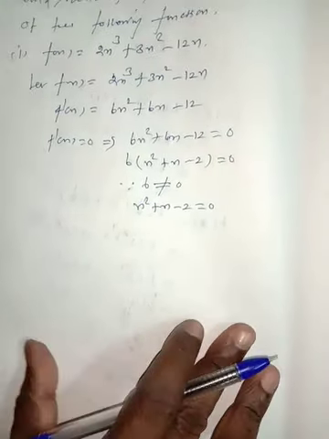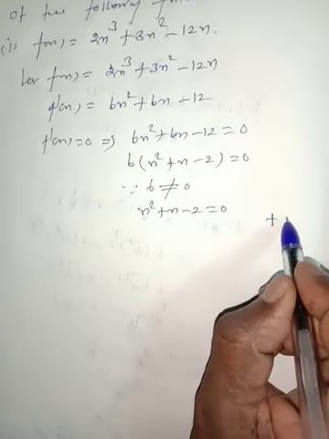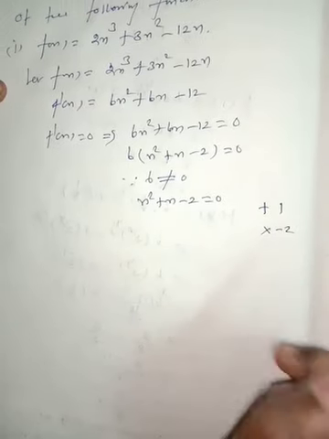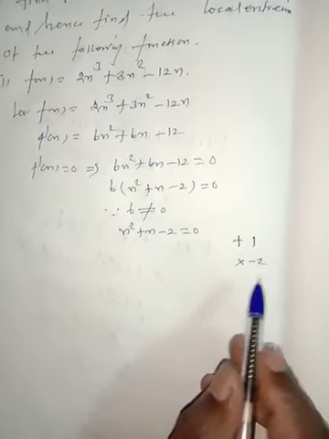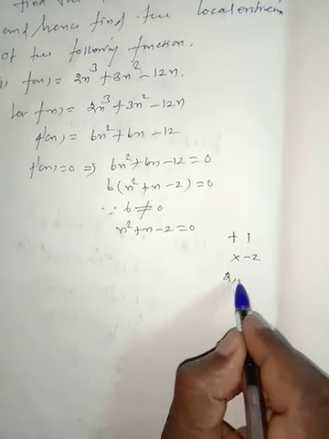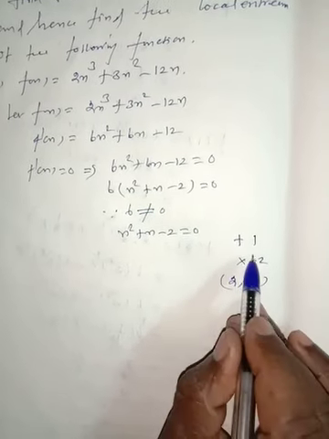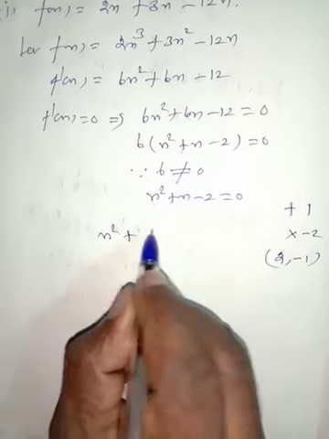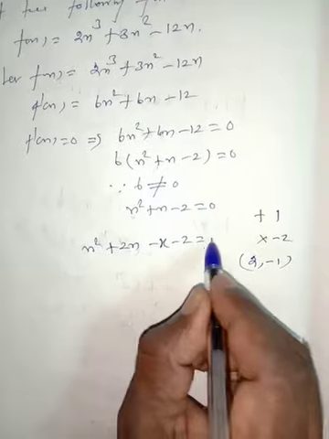This is a quadratic equation having two roots. Now take two numbers, adding 1, product gives minus 2. The numbers are 2 and minus 1. So x square plus 2x minus x minus 2 is equal to 0.